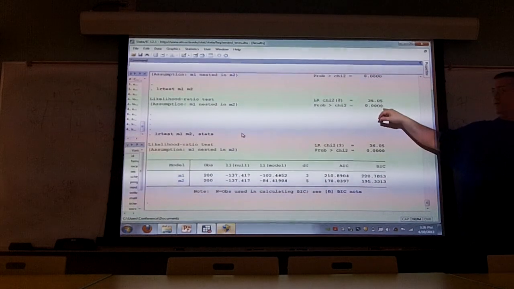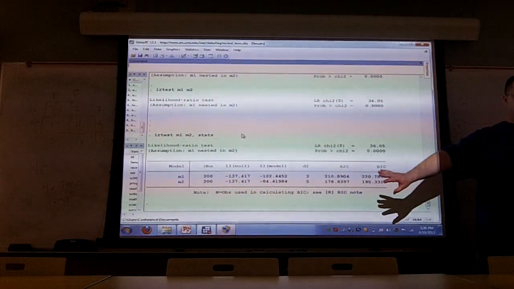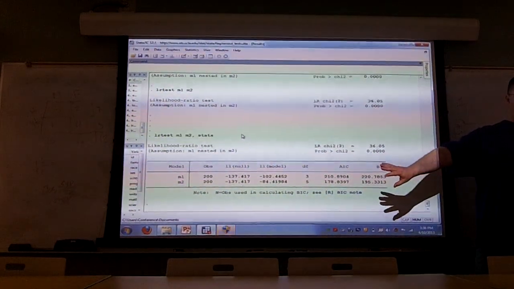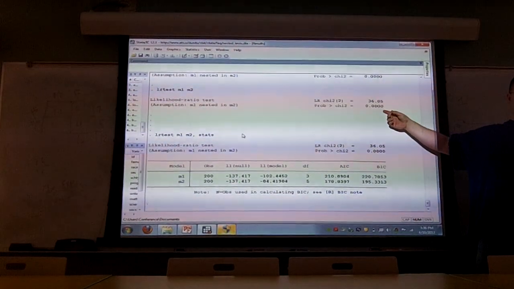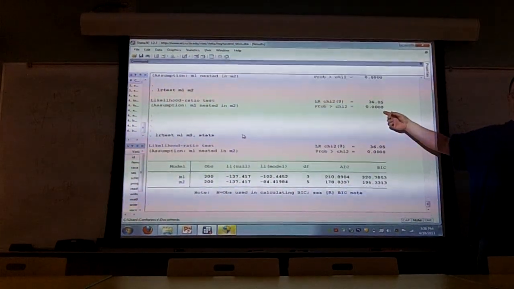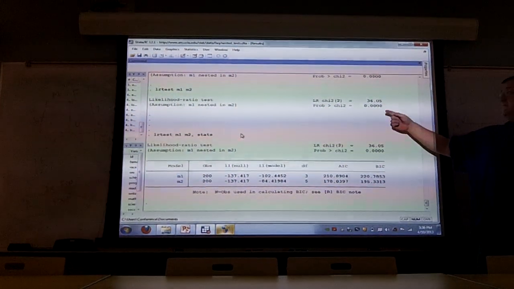The small p-value says that, statistically speaking, we're going to reject the null hypothesis that the extra parameters don't do anything. In fact, the data suggests that those 2 extra variables actually gave us a lot. It improved the fit of the model significantly.